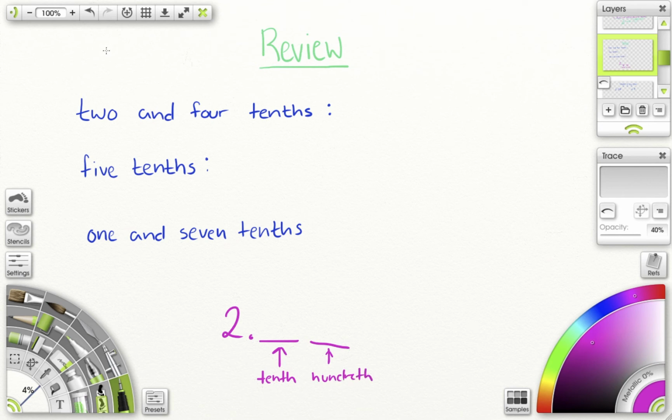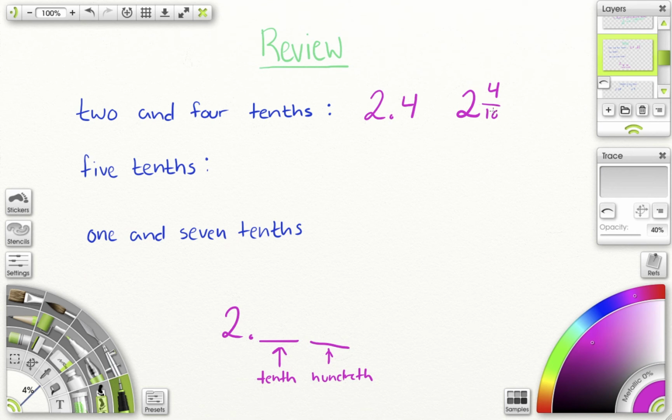So if it's 2 and 4 tenths, we have a 2, we have our decimal, and then 4 tenths, which just means the number 4. And then the next step was to represent this as a fraction. To do that, you put the number 2, and then you put this second number here, 4, over tenth because it represents 4 tenths.